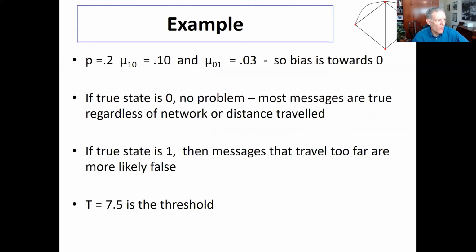With that case, the bias in the previous example was towards 0. So if the true state is 0, that's no problem; things are mostly moving towards zeros. But if the true state is 1, messages that travel too far are more likely to be false. And 7.5 is that threshold. So after 7.5 iterations, you're more likely to have the messages flipped. Okay.